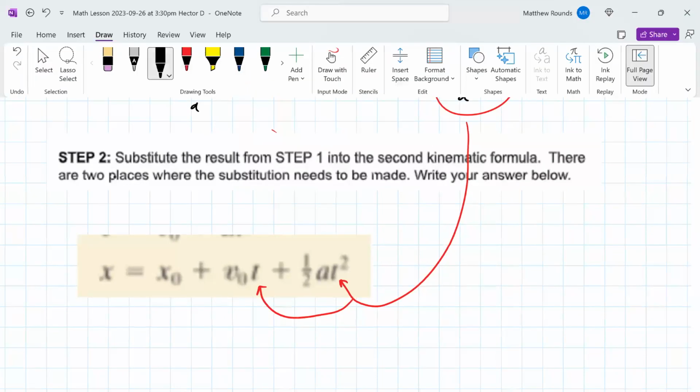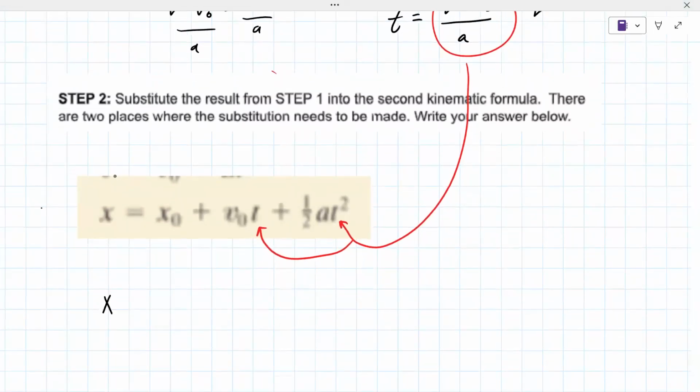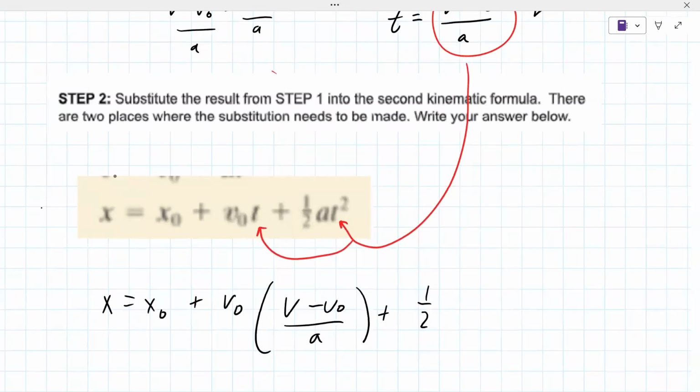It's really messy. Lots of stuff going on here. X equals x0 plus v0 times v minus v0 over a plus 1/2 a times v minus v0 over a, squared, like that.